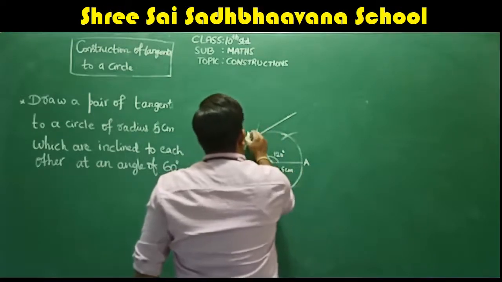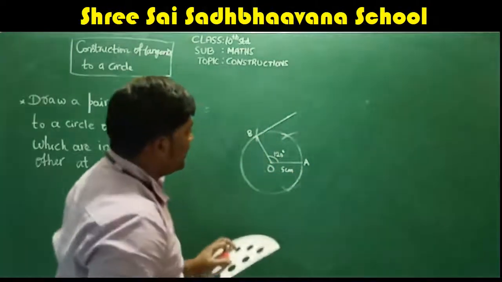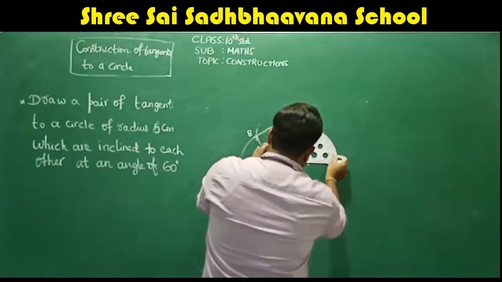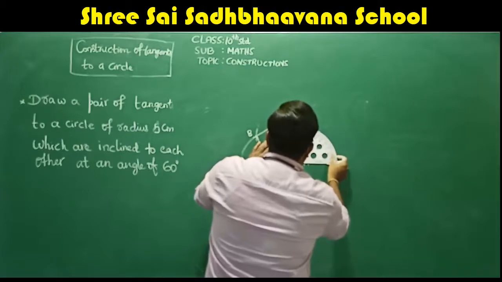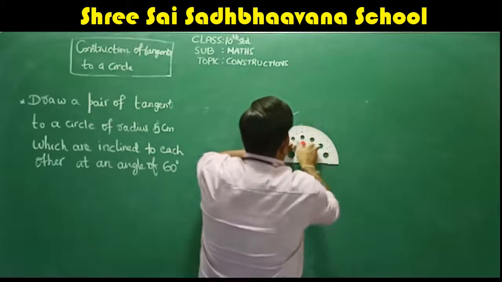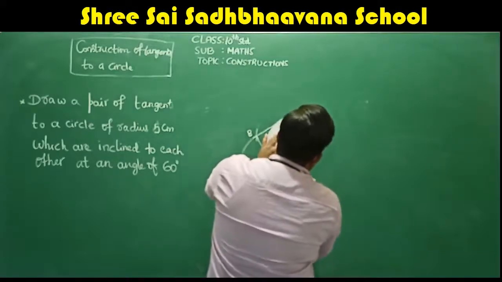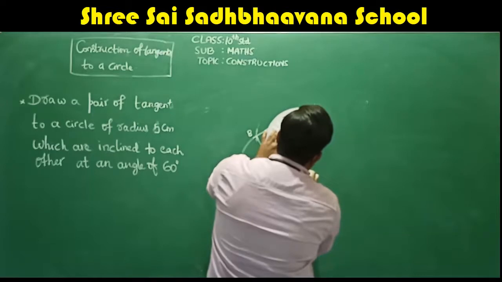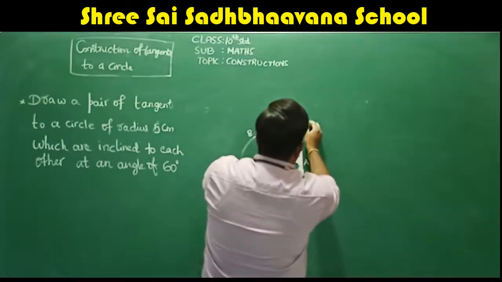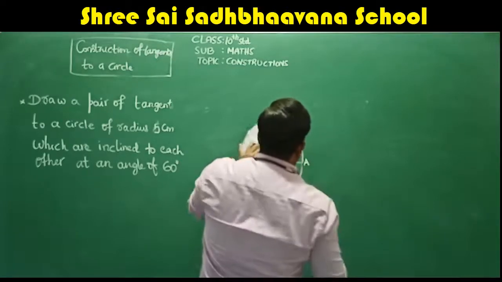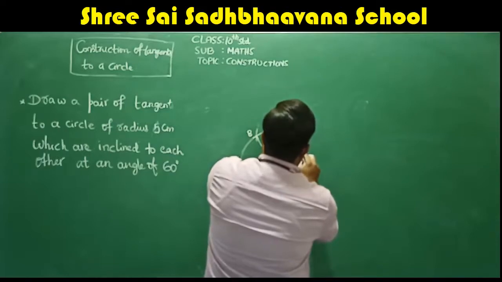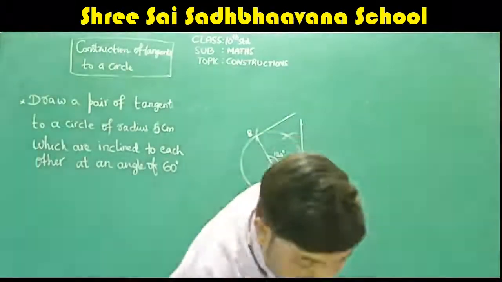Take this as B. Similarly here also, take this as the center and draw a 90 degree line, which is called a perpendicular. Exactly, it will make a 90 degree line here.